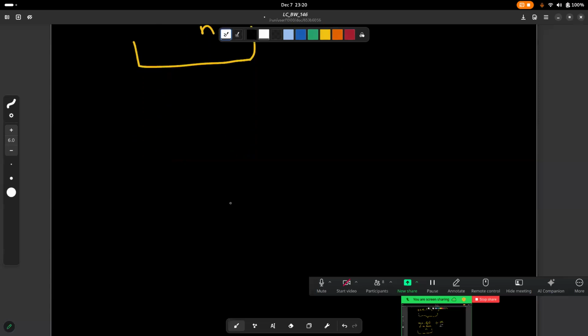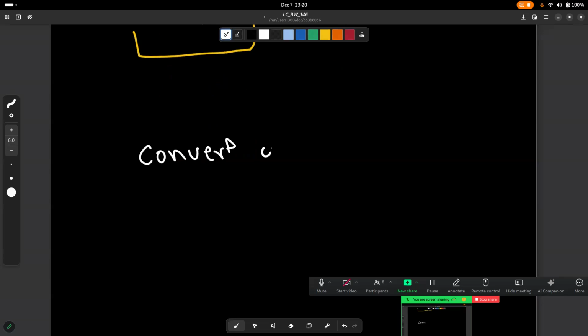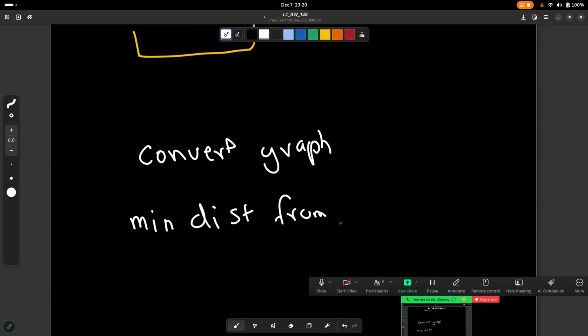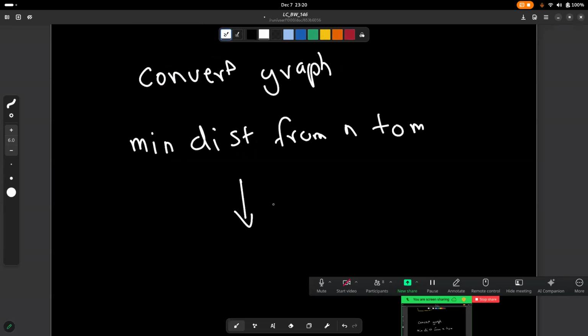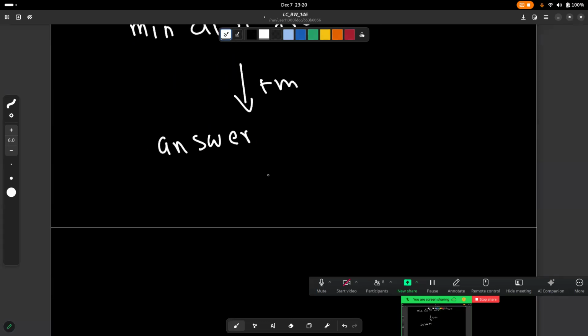The whole idea was to convert the problem to a graph representation, get the minimum distance from n to m, and apply some operation, plus m, to get our answer, that is the sum of all values of n that you need to transform from n to m.